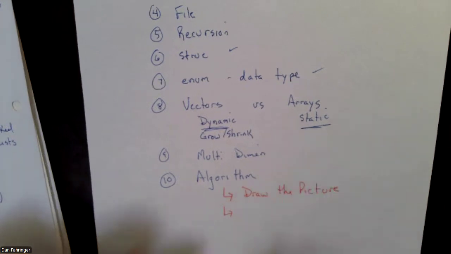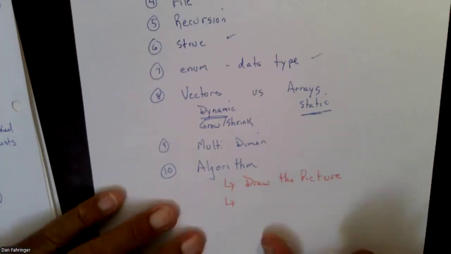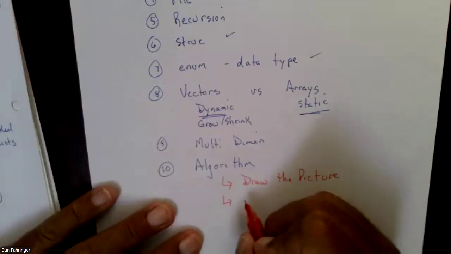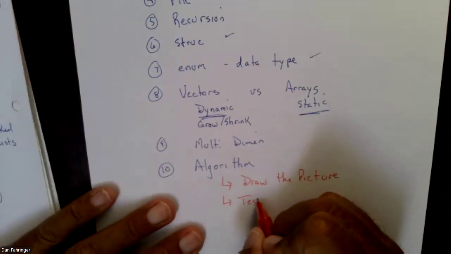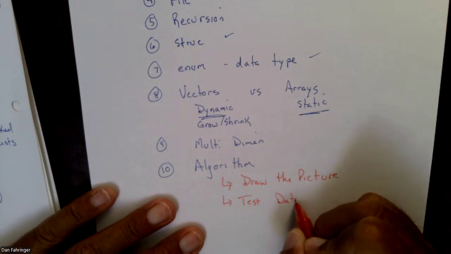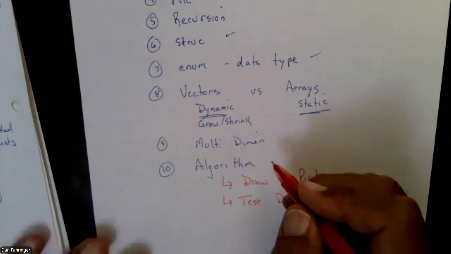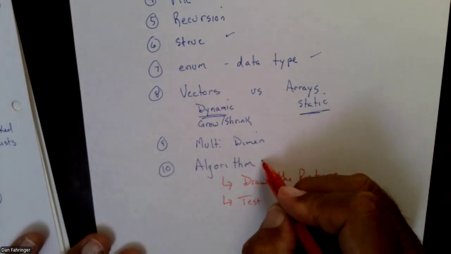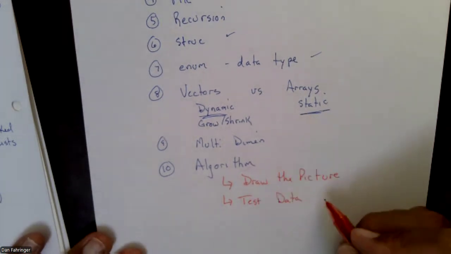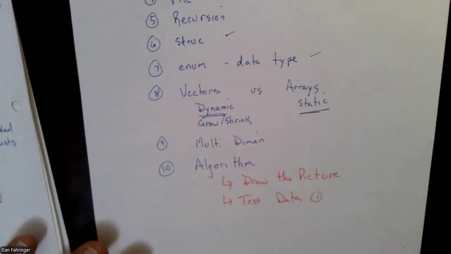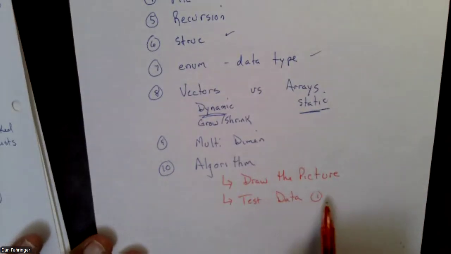And the other thing you're going to hear as well is, draw the picture is more and more like algorithm writing: what's your test data? Going back to 161, the emphasis was a little bit of, maybe I need to do the test data first and make sure I understand all the math and the work that's going on.